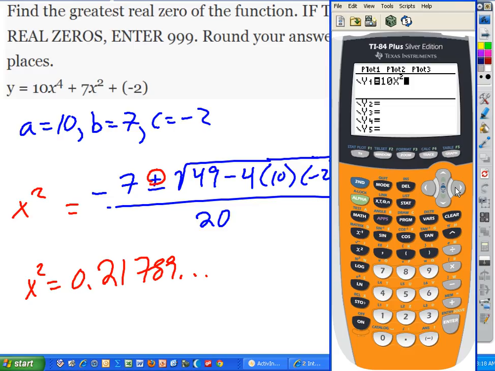Did I do that right? Finally. So if I graph that, how do I probably want to start off with the screen? I zoom. Zoom 6 to start with to see if we can see it. Not very well, so I want to zoom in a little bit. How about if I let the window go from negative 1 to positive 1, so I can spread that out and see it better. So x-min negative 1, x-max positive 1.